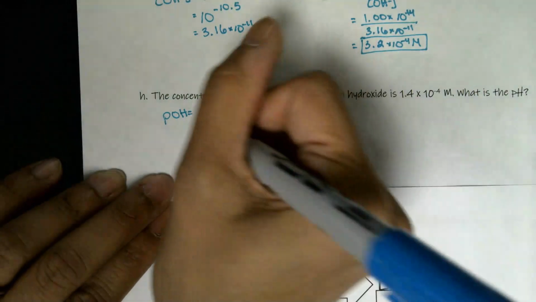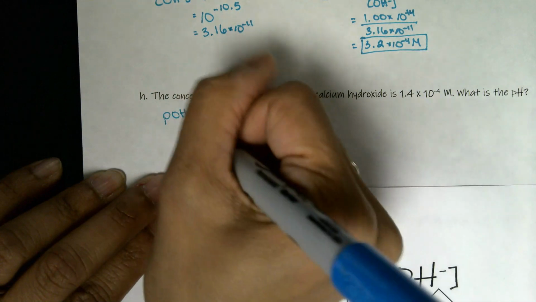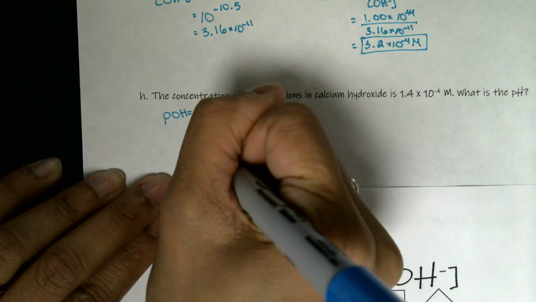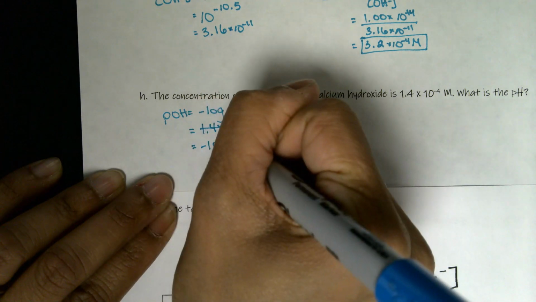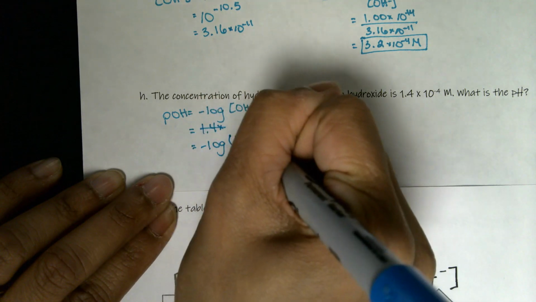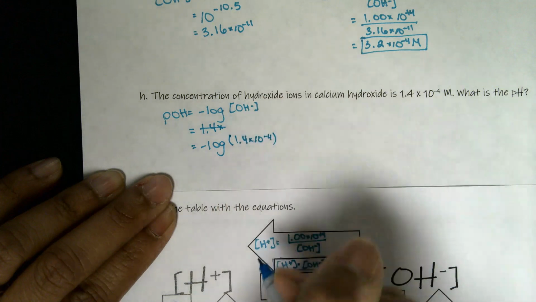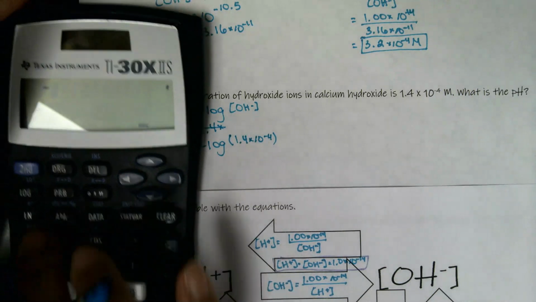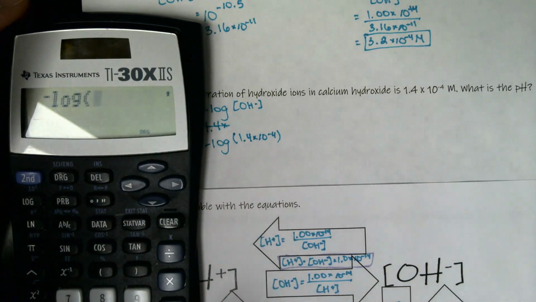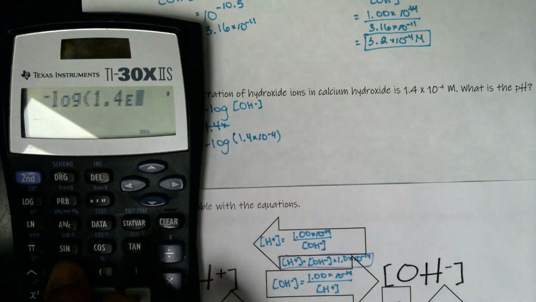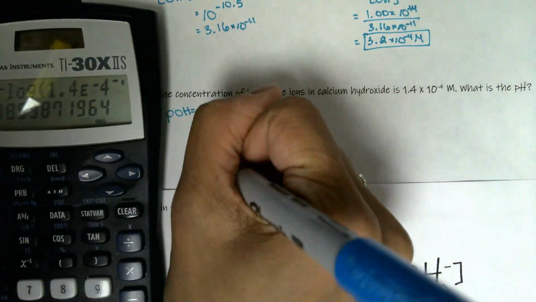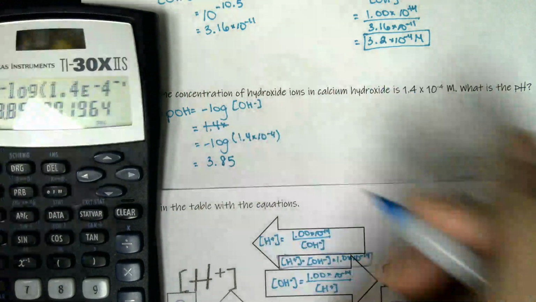So pOH is equal to negative log of the OH minus concentration. We have negative log of 1.4 times 10 to the negative 4, which is equal to 3.85.